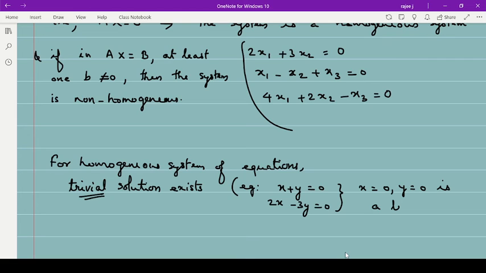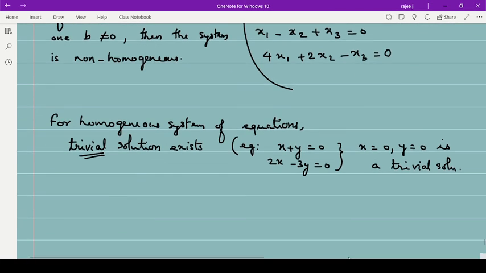It is a very clear solution; even without solving you will get it. x is 0, y is 0, so 0 plus 0 is 0. Here 2 into 0, 3 into 0, so 0 minus 0 is again 0. So x equal to 0, y equal to 0 is a trivial solution. So for a homogeneous system, there will always be a solution.